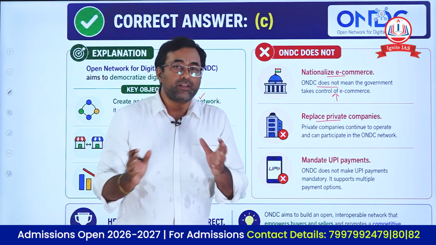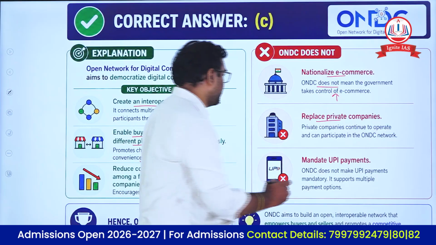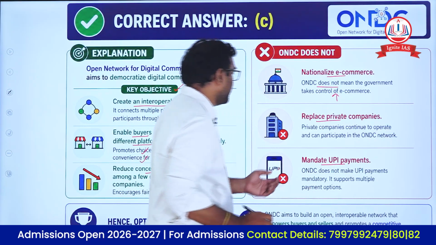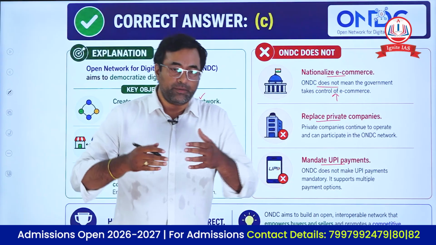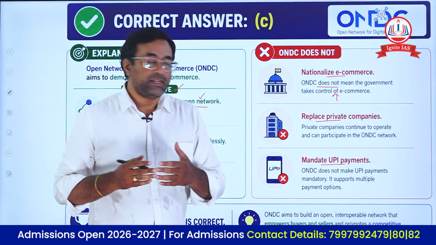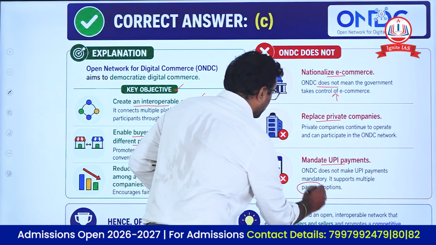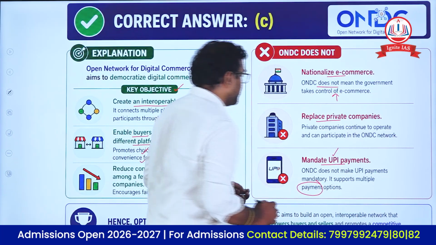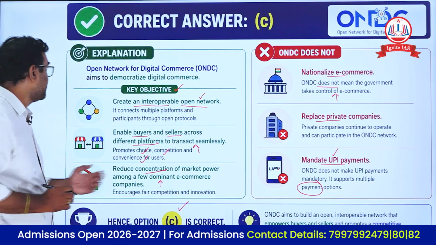It will try to create competition among them. Next, mandate UPI payments. It is not required for ONDC to mandate the usage of UPI. It supports multiple payment options, not only UPI payments. So that's why the answer is option C.